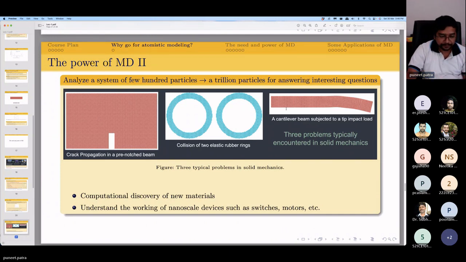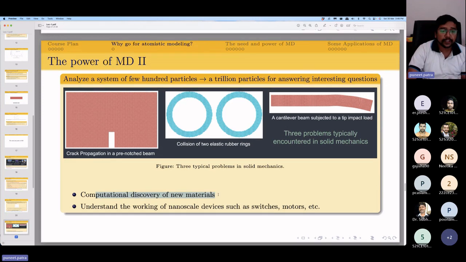Another important domain where molecular dynamics is used is for the computational discovery of new materials. There are several different new materials whose existence has first been shown using molecular dynamics and then it has gone on to be synthesized at laboratory scale. You can also understand the working of several nanoscale devices such as nanoscale switches, nanoscale motors.